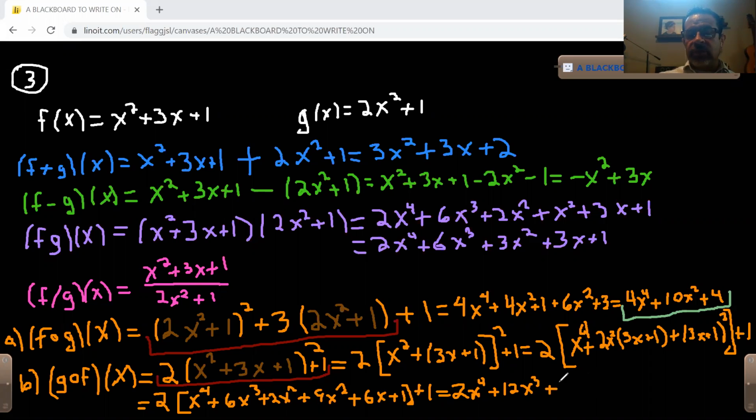It is 22x to the square. And then 6x is the only x we've got, multiplied by 2 is going to be 12x. And lastly, the 1 multiplied by 2 is 2 plus 1 is 3. And so this would be the simplified answer.